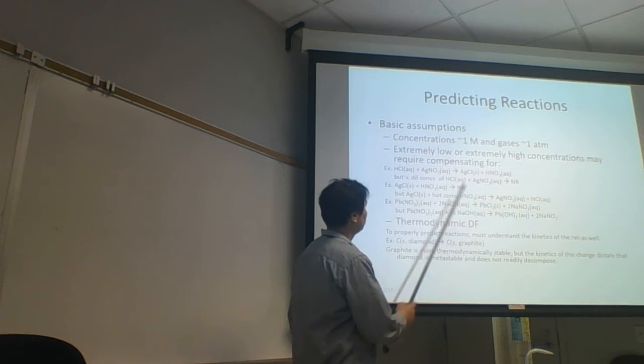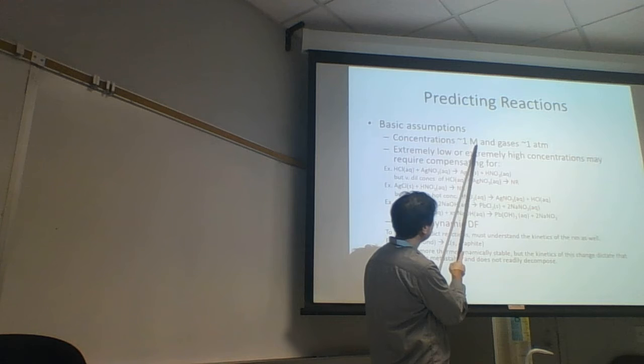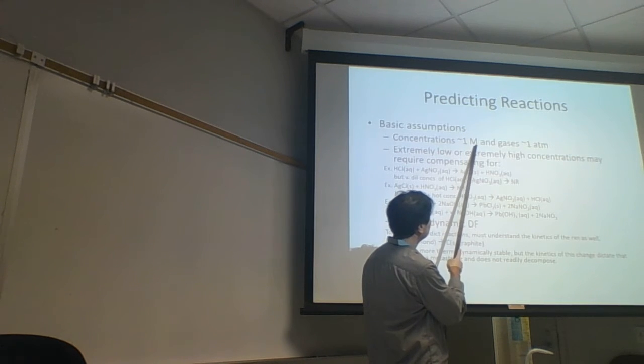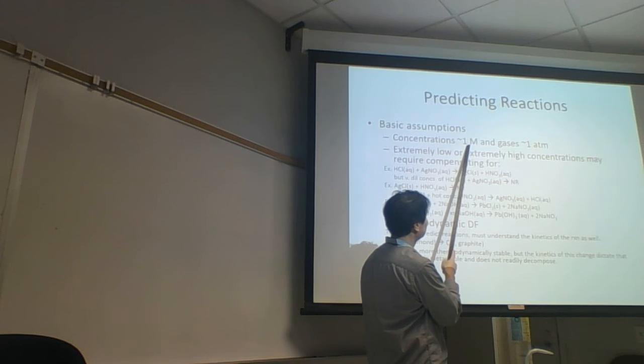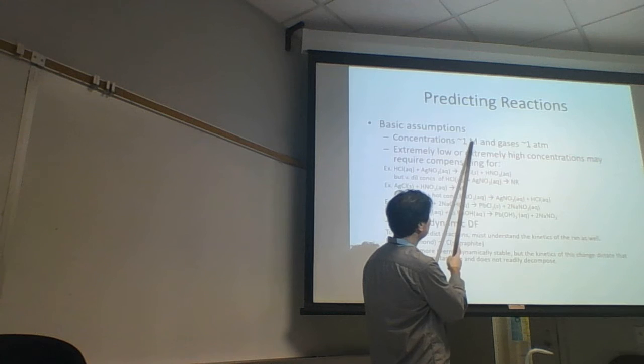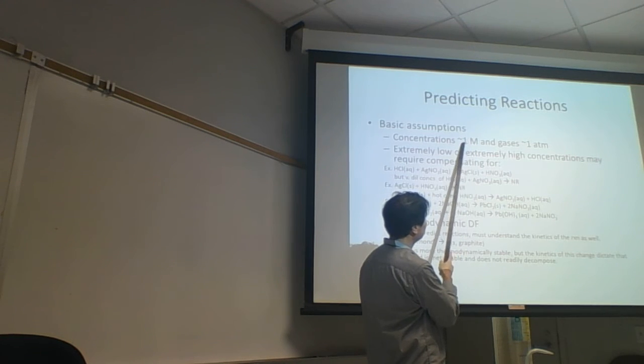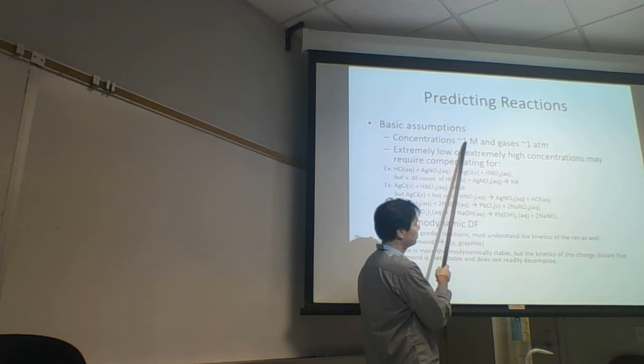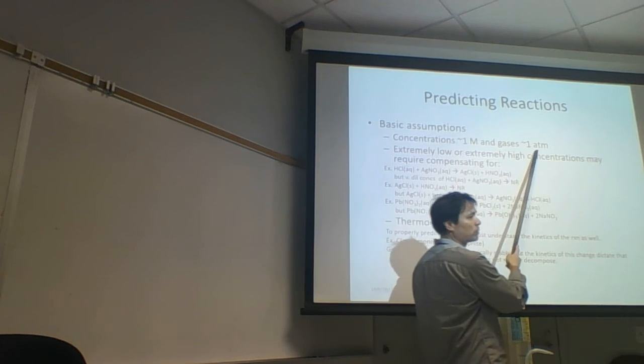And so what we have is this. This is a special concentration unit, and this just tells us the composition, usually of gas and liquid mixtures. This capital M stands for something called molarity. We'll talk about this later, but one of our basic assumptions is that we're dealing with reasonable concentrations and reasonable pressures.